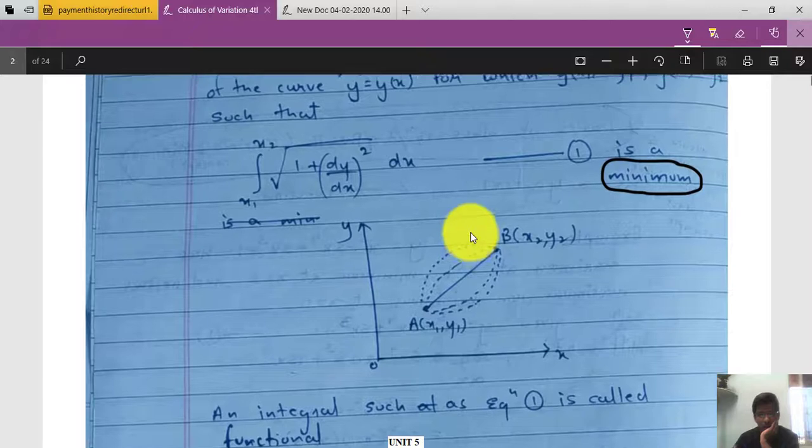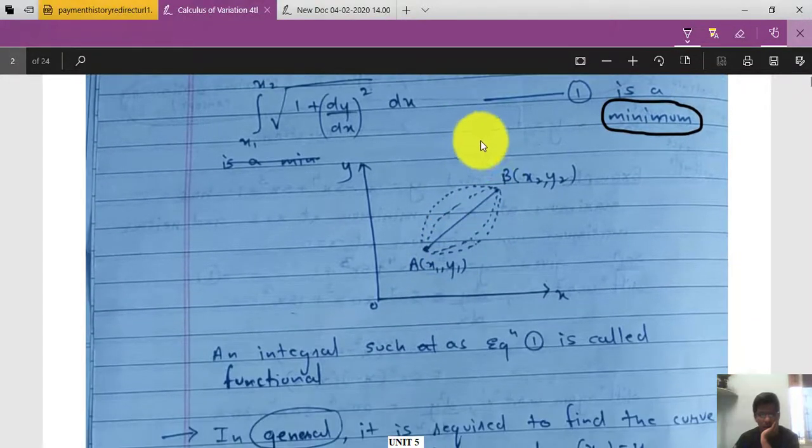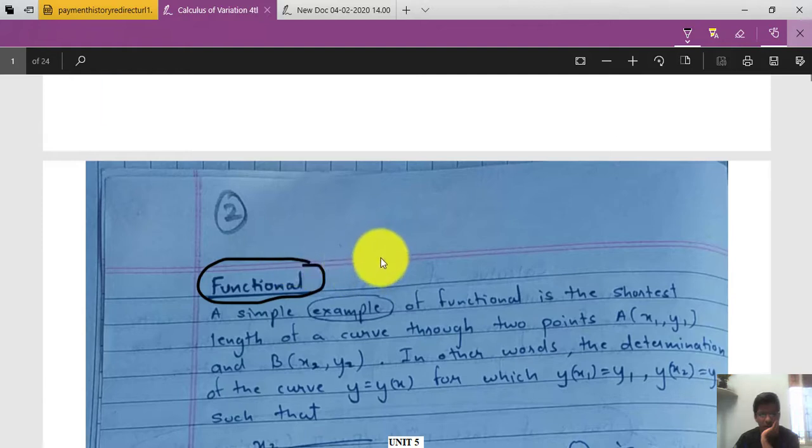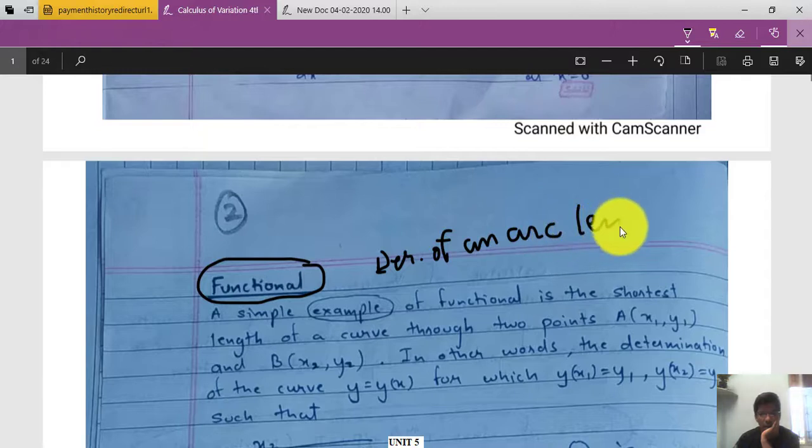Now it so happens that this is an example of the derivative of an arc length, right?